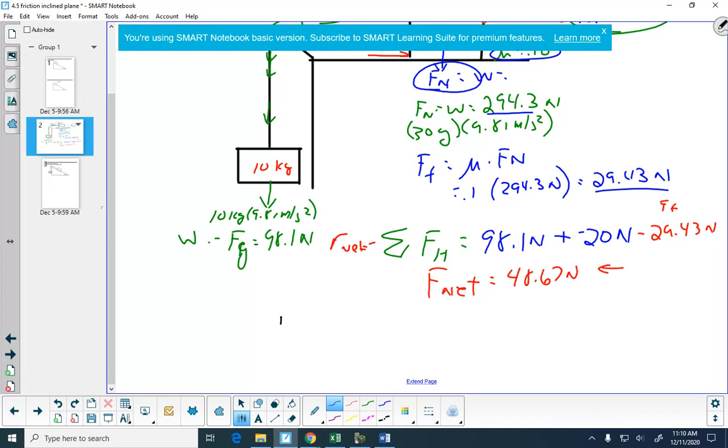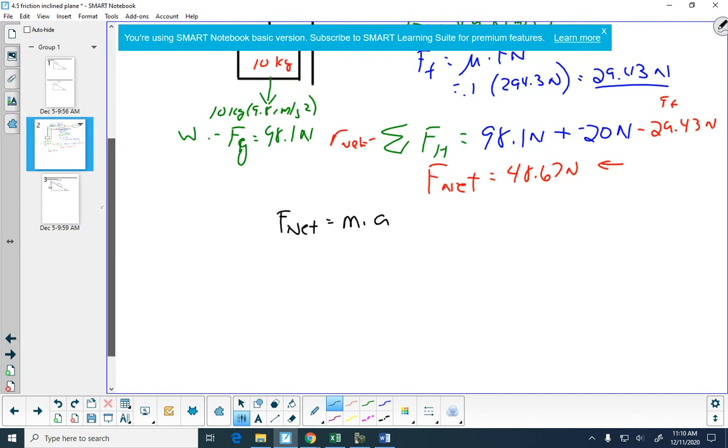So we have force net is equal to mass times acceleration. So we have the 48.67 newtons here is equal to mass times acceleration. But if I'm dealing with my mass, what is the mass that is being moved to the left here? What is our mass?